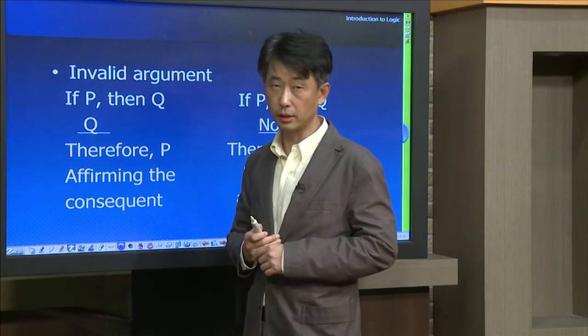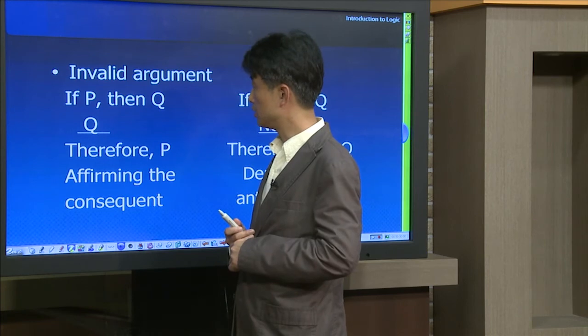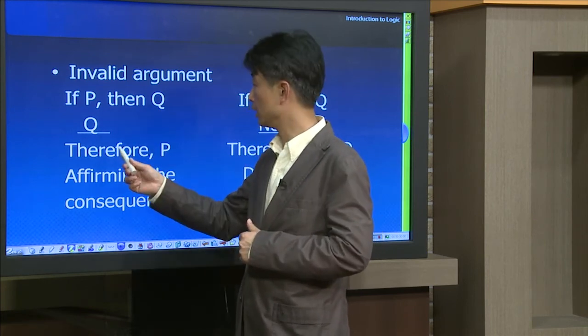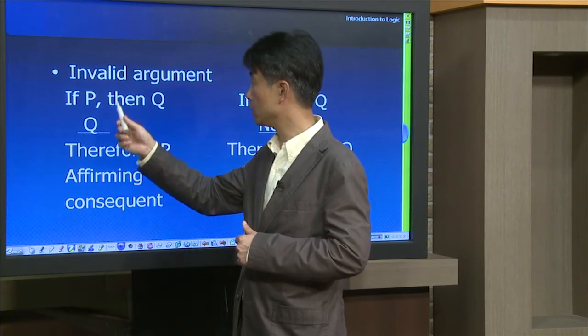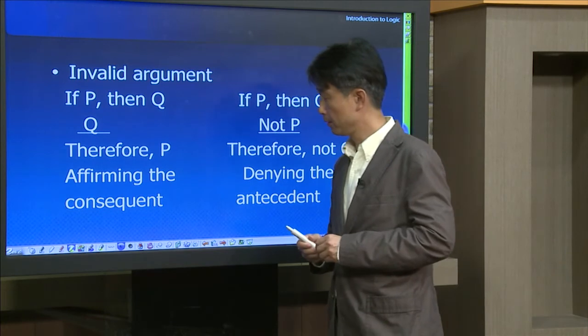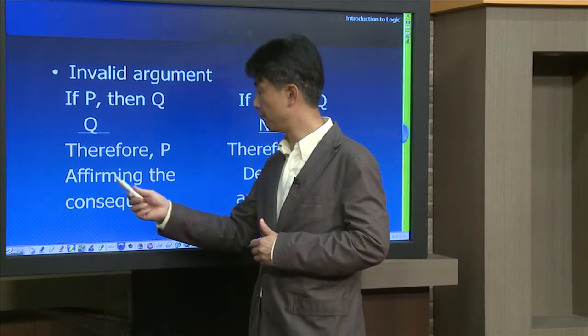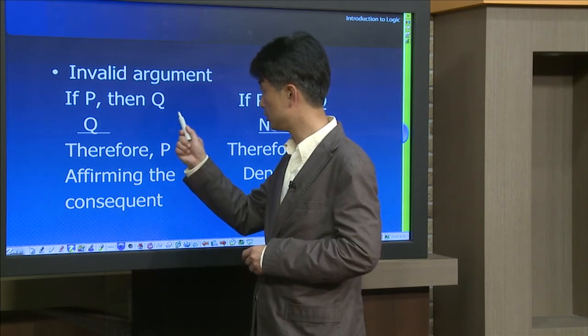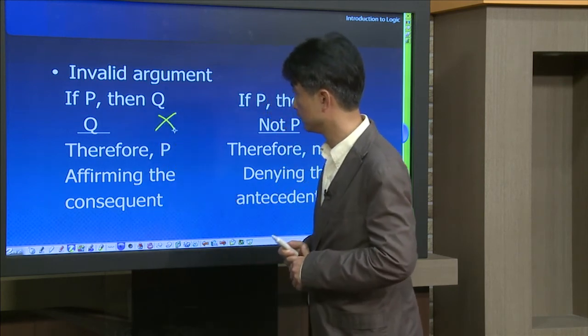Well, not necessarily. This is an invalid argument. In other words, the conclusion doesn't follow from these two premises. This is a fallacy called affirming the consequent. This is a bad argument.